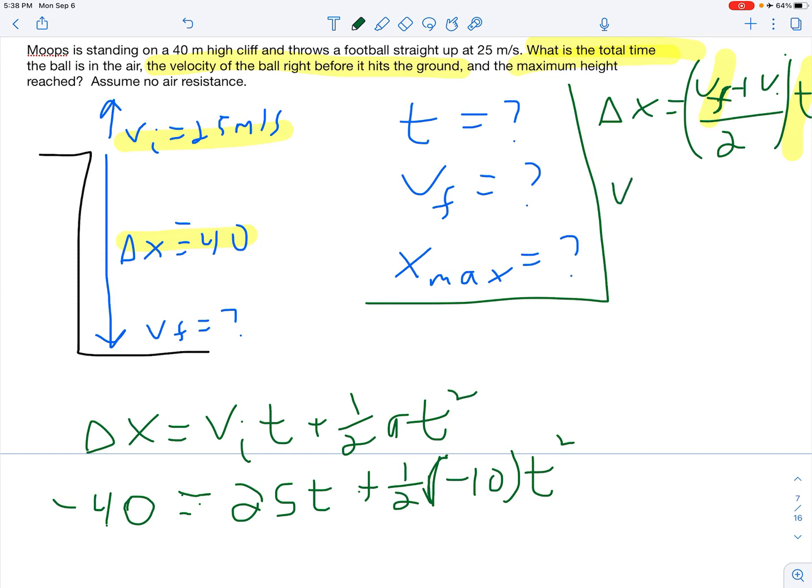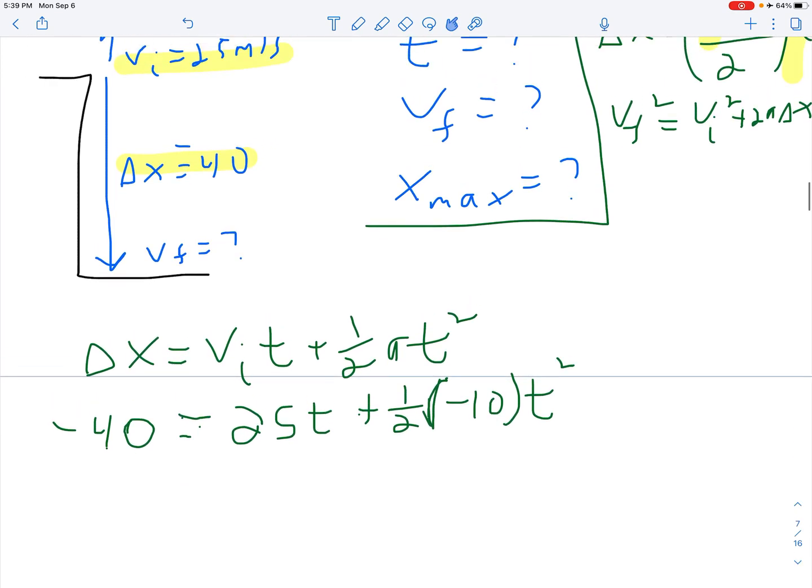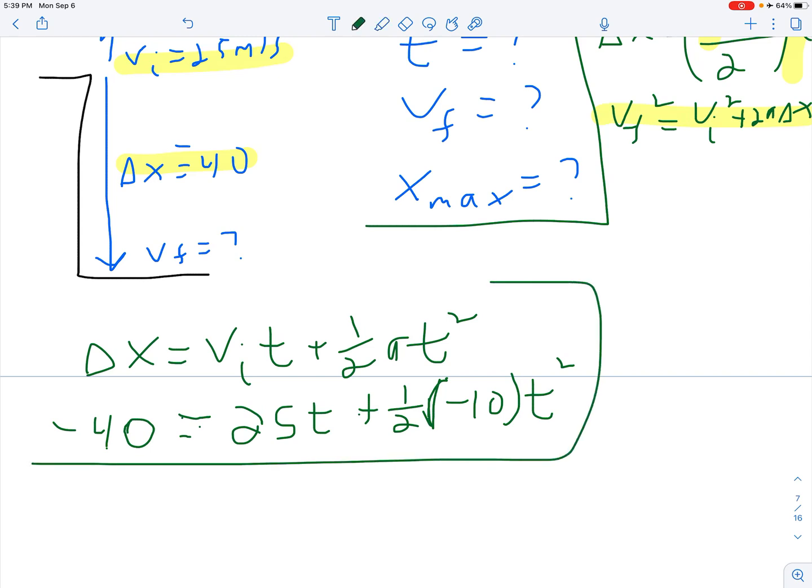And the other ones, this one, that one I could use. I have VI, I have A, I have X. That would give me the final velocity. So the equation I'm using will work. Let's try using this one. It looks a little easier than solving a quadratic. So let's put this one on hold, and let's go to the other one.